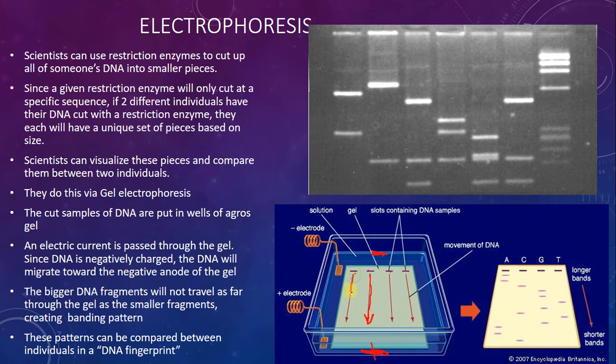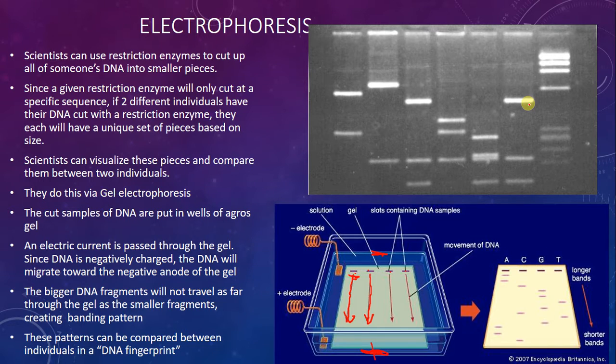Now, the larger the DNA fragments are that were created by the restriction enzyme, the slower they'll move. It takes more time to move those bigger, bulkier pieces through the gel, and the smaller pieces will be moved quicker. So if we subject our gel to electricity for a certain amount of time and stop it, we'll get a banding pattern where the shorter sequences will be farther along the gel and the bigger sequences or longer bands will be closer to the wells.